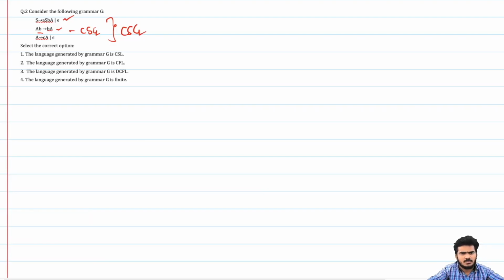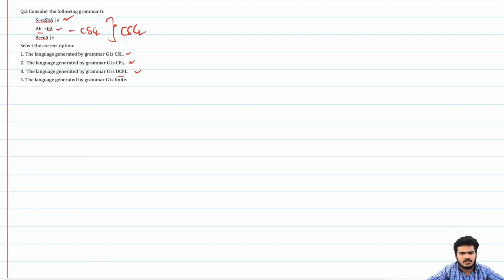The first option says that the language generated by grammar G is a context sensitive language. Let's see what this particular grammar is generating. We will analyze that. The second option says that the language generated by grammar G is a context free language. The third option says that the language generated by grammar G is a DCFL, meaning for this language we are able to design a deterministic PDA.